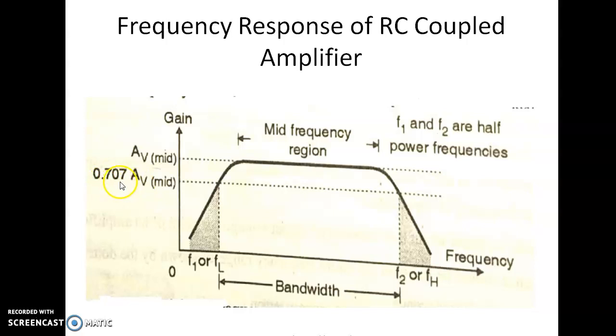This is the 0.707 AV voltage gain, and the maximum voltage gain AV is here. So after that, in the mid frequency region, the voltage gain remains constant, and in the high frequency region, the voltage gain goes on decaying. So F1 and F2 are half power frequencies.